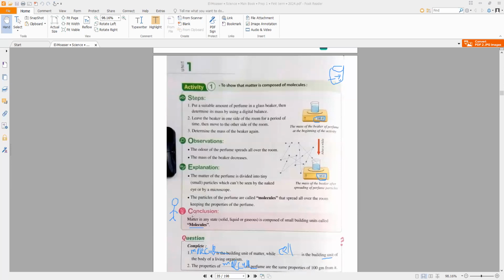So I smell the odor of this perfume in the other side of the room. So this activity showed us the matter is composed of molecules, and these molecules have the same properties of the matter.